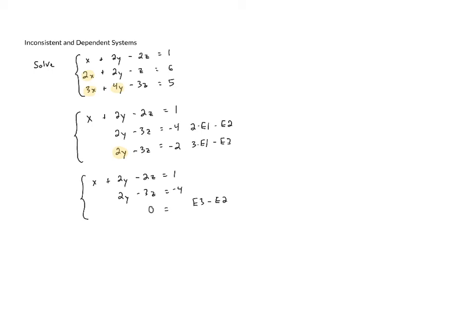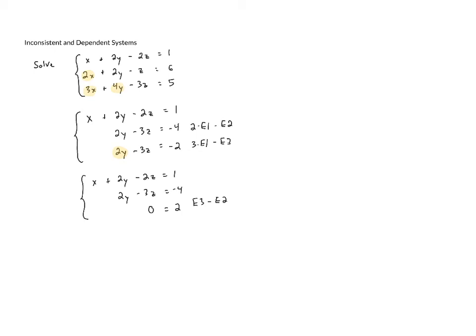And then on the right-hand side, we've got negative 2 minus negative 4, which is negative 2 plus 4, which is positive 2. So we end up with 0 equals 2. Again, we need to put a 0 on the left because when we subtract these from each other, everything cancels, and we can't have a side of an equation that is blank. We need to put a 0 to represent that there's nothing left.